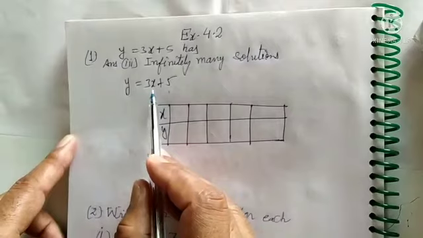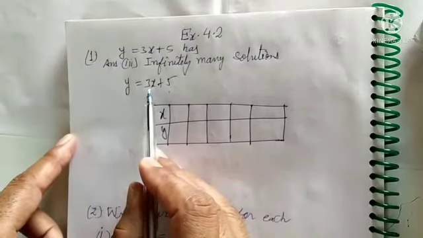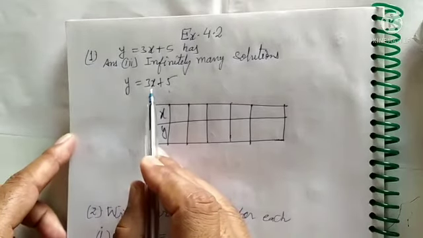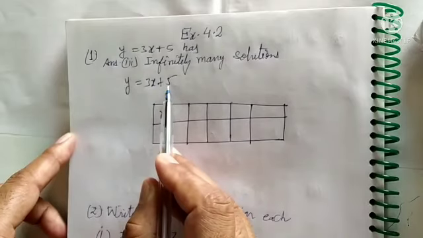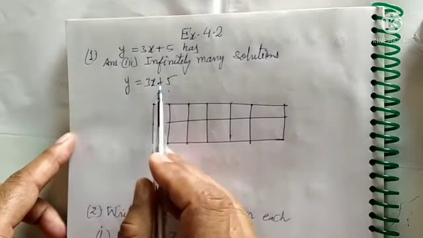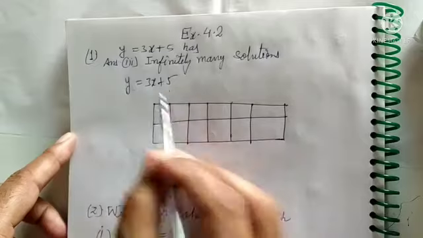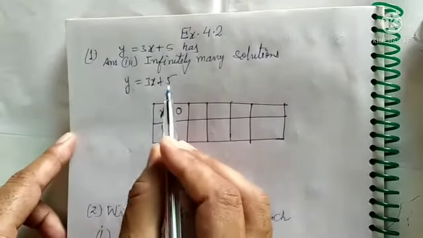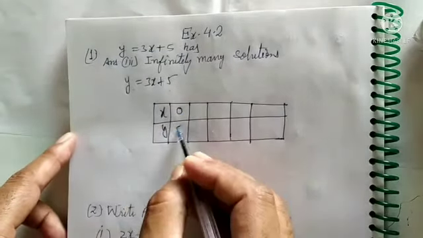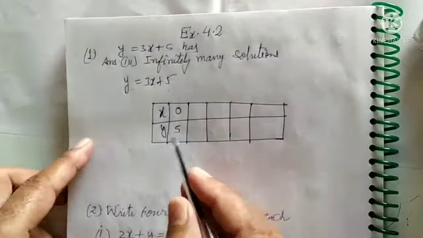Now suppose you put a real number as the value of x; then after multiplication with 3 and addition of 5, it will give the value of y. So suppose we take the value of x as 0. Then 0 times 3 is 0 and 0 plus 5 is 5 only. So the y value will be 5.